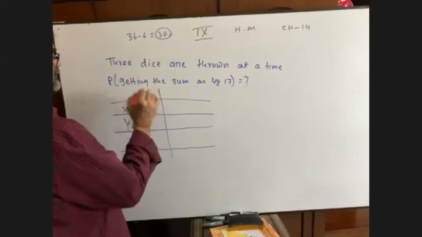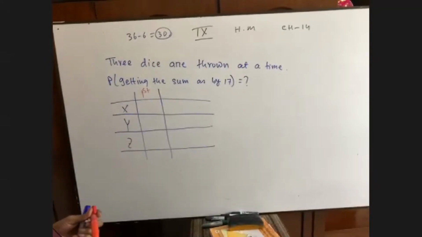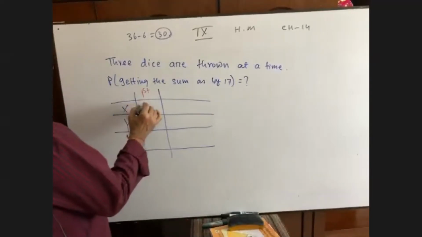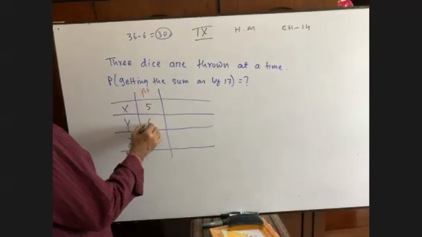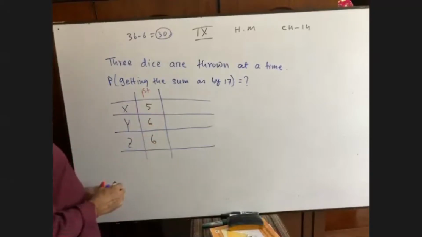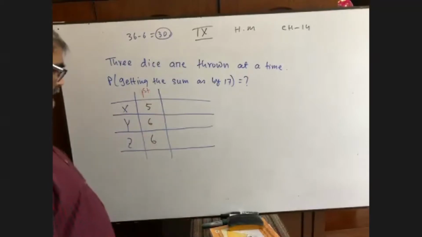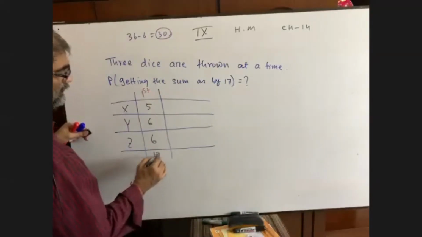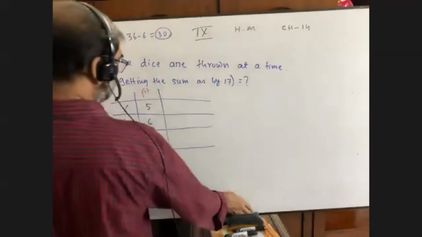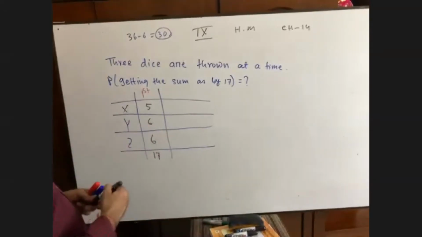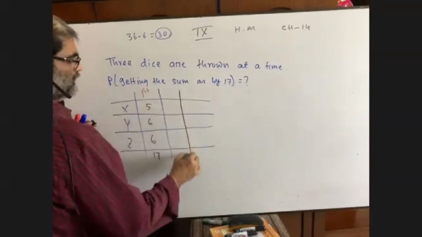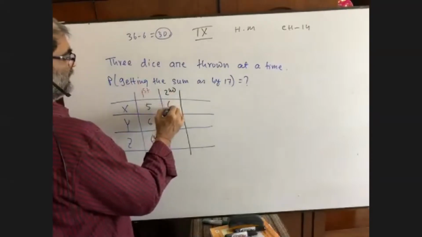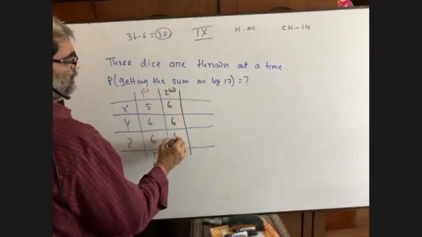For event number first, X has got 5, Y has got 6, and Z has got 6. What is the summation? Let me know. 17, sir. So we can get 17 here. Talk to me. Sir, but it would take a lot of time. Just wait, I am telling you. For the second event, it is 6, it is 6, it is 5. Can we get 17?